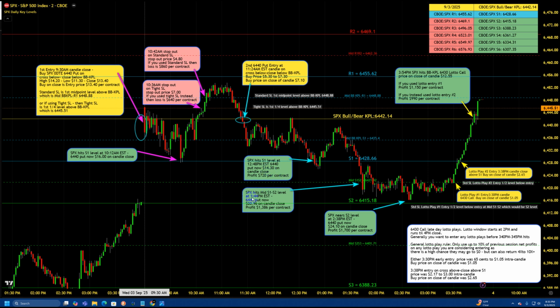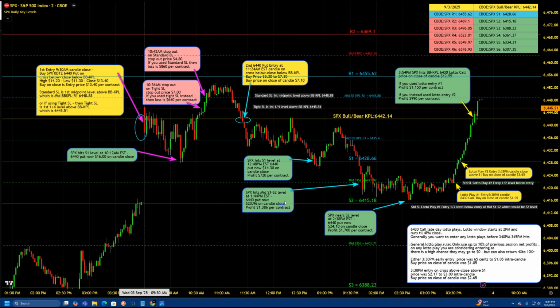Here at 1:44 p.m., SPX hits the mid S1, S2 level. This would be your first opportunity if you wanted to close out. Generally, when using this indicator, you want to close out trades from 1.5 levels to 2 levels or more.